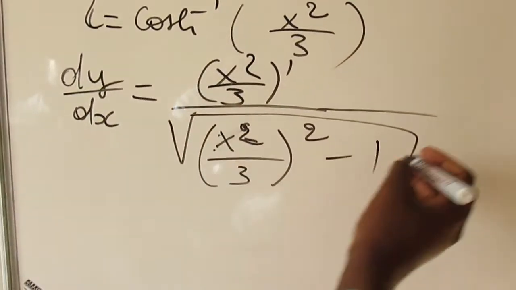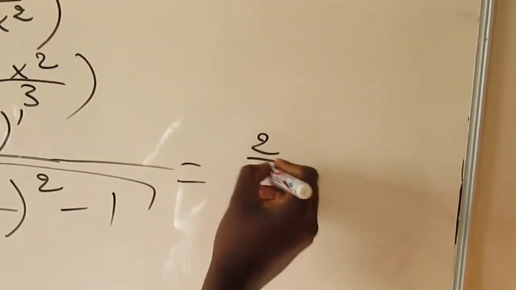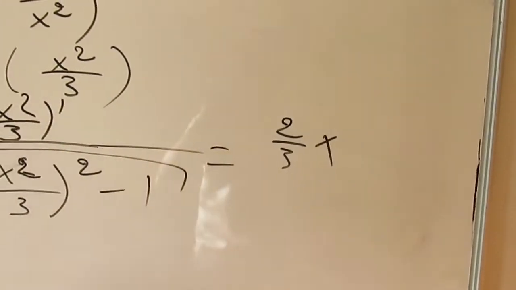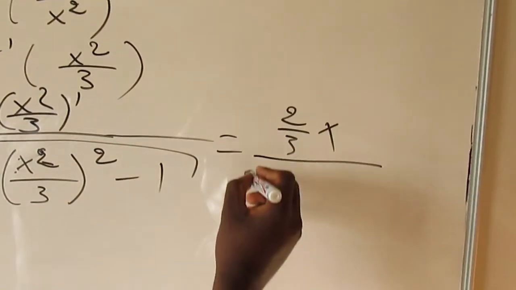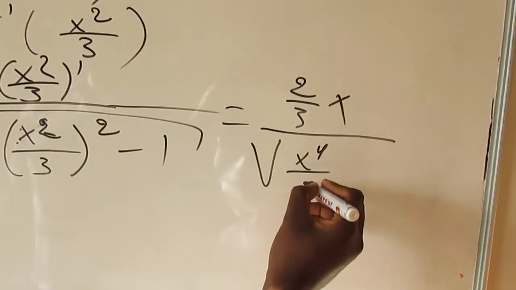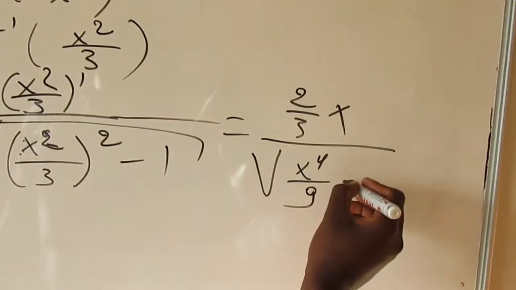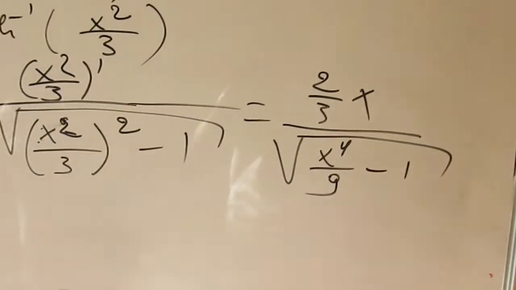So what is this? This is going to give you 2 over 3x when we derive this, over x to the power 4 over 3 to the power 2 is 9, over 9 minus 1, okay?